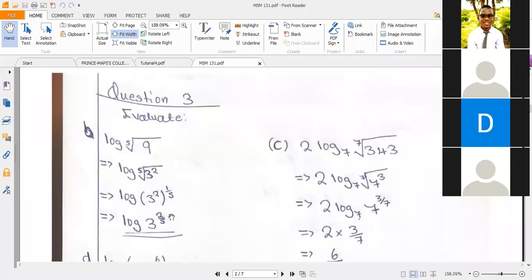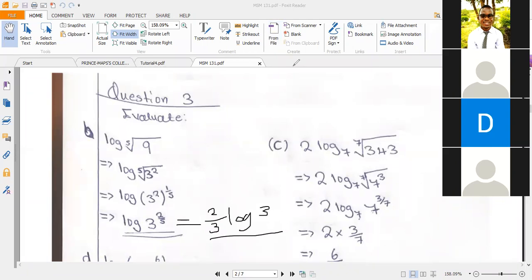Without a calculator, the only point you can go to is to drop this power behind the log and say 2 over 3 log 3, like that.